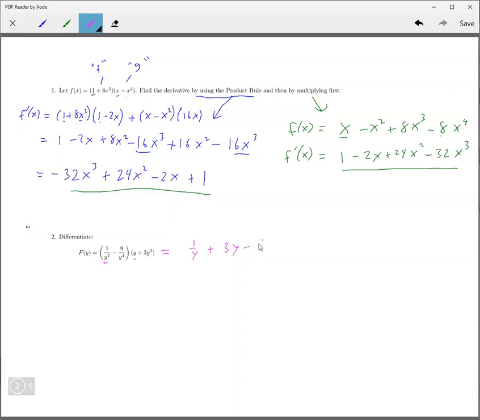Here we have minus 9 over y to the 3rd, because there's a y in the numerator and a y to the 4th in the denominator, so that reduces. And then this and this gives you minus 9 over y.